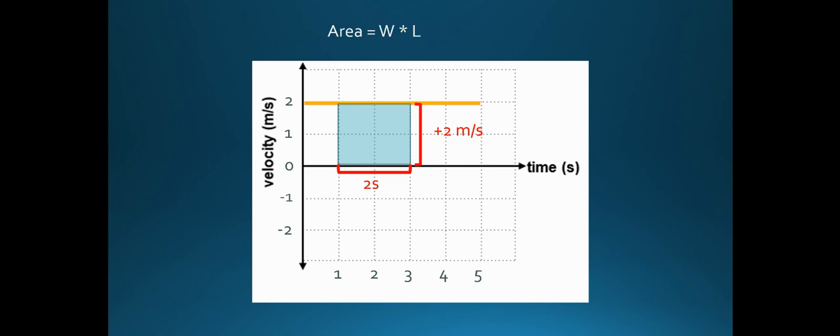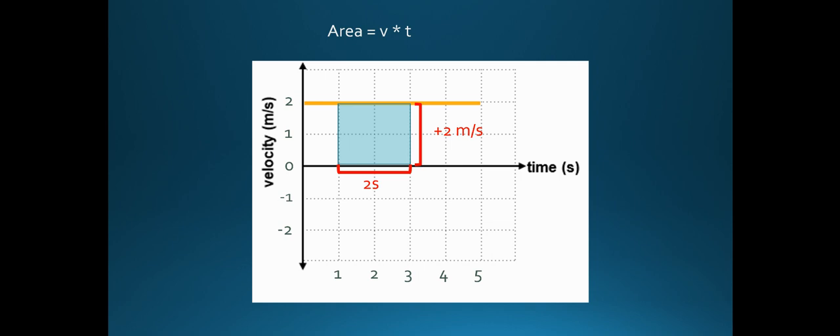Now, what is our width and what is our length? The width of our square represents the velocity, and the length of our square represents the time. So what we're actually doing to find the area under our graph is taking the velocity times the time. So that square represents the velocity times the time.